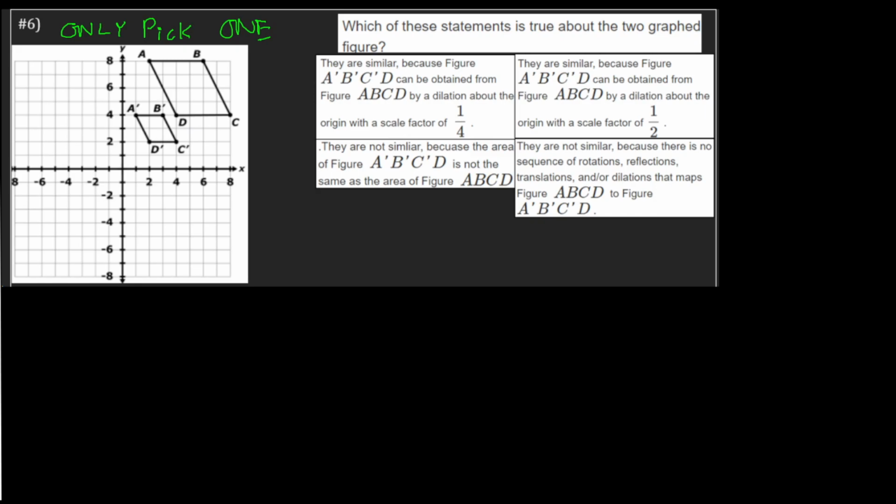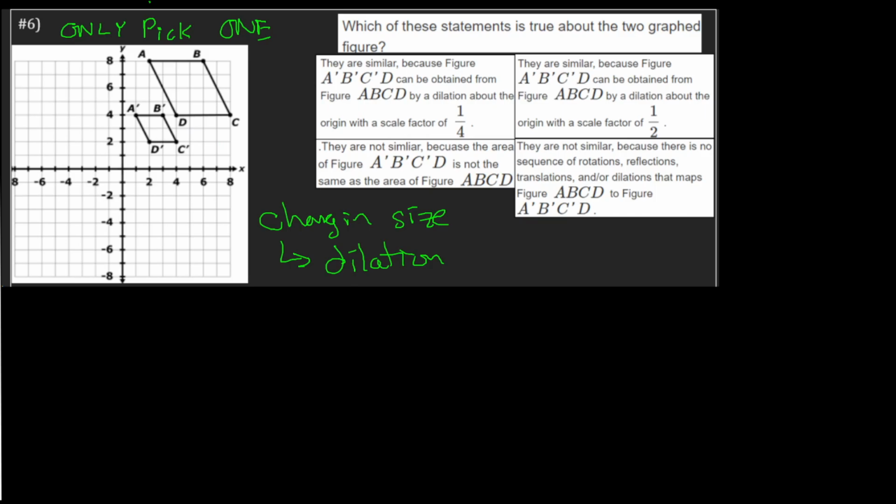Just looking at it, I know my original figure is ABCD, my new figure is A prime, B prime, C prime, D prime, and I noticed that it is changing size. Since it's changing size, I know that means dilation.